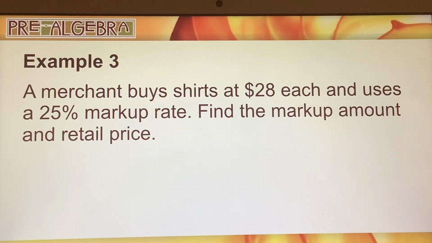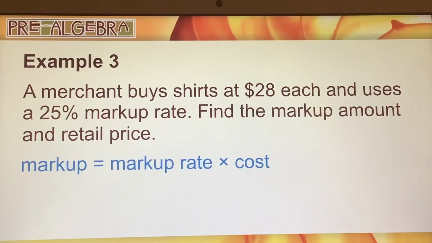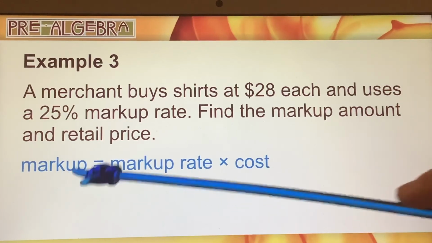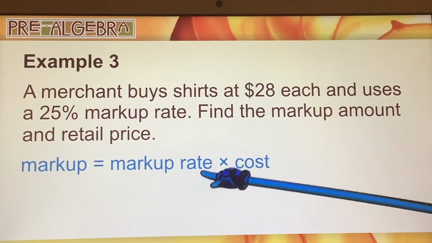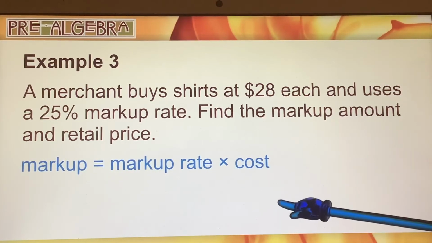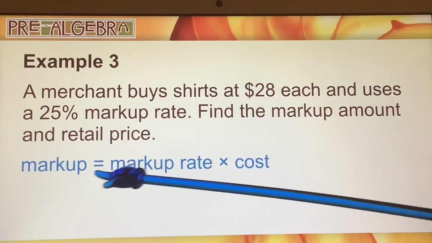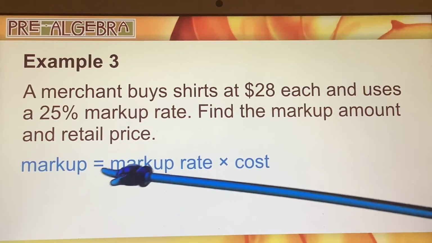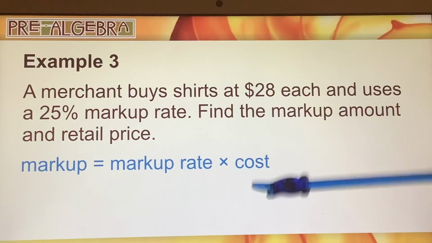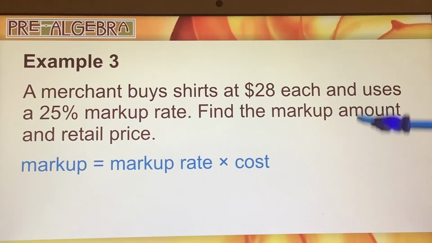A merchant buys shirts at $28 each and uses a 25% markup rate. Find the markup amount and the retail price. So the markup is equal to the markup rate times the cost. Now, the markup, that's going to be the new price of the shirts.